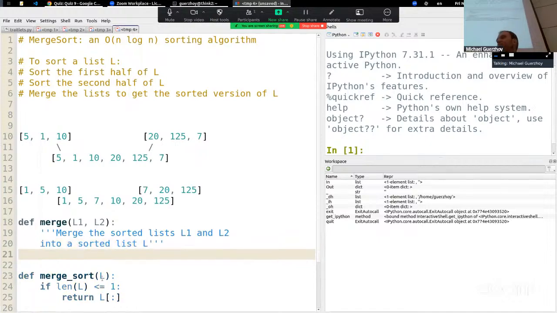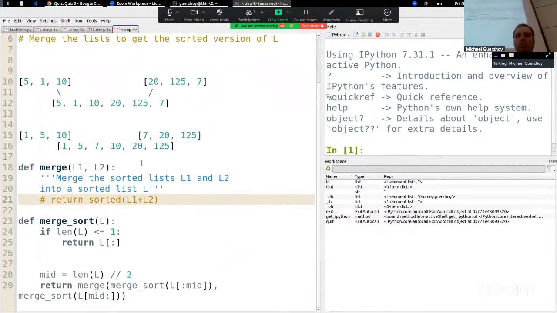So you could, of course, do something like this. This is valid Python, it would work. Stick them together and sort them with the built-in sorted. The problem with this is it's slow because this doesn't use the fact that L1 and L2 are actually sorted. Right? So how do we sort them efficiently?